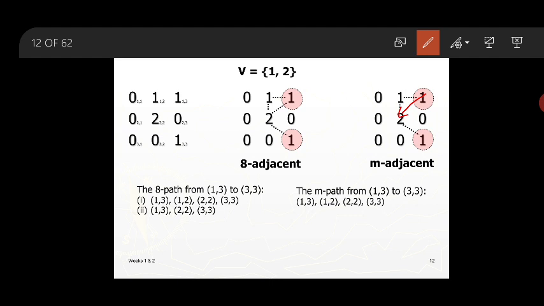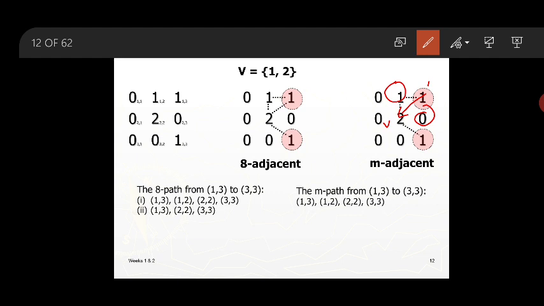Now, which are the adjacent pixels of 1 and 2? When you are making a connection in the diagonal way, which are the common pixels? This is a common pixel. This is a common pixel. There are common pixels available for this.